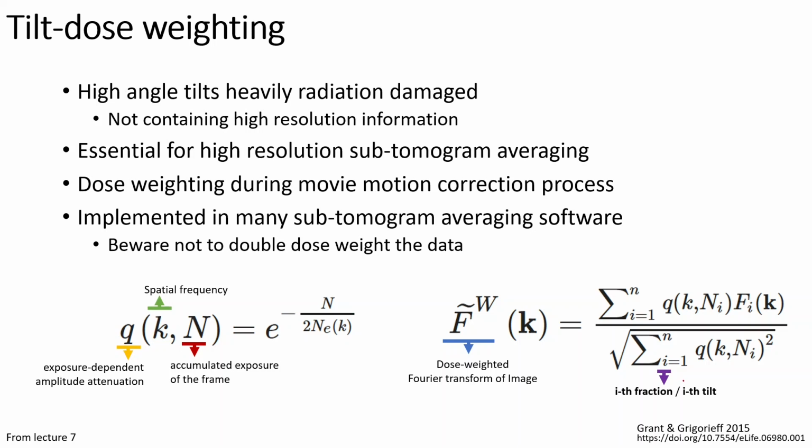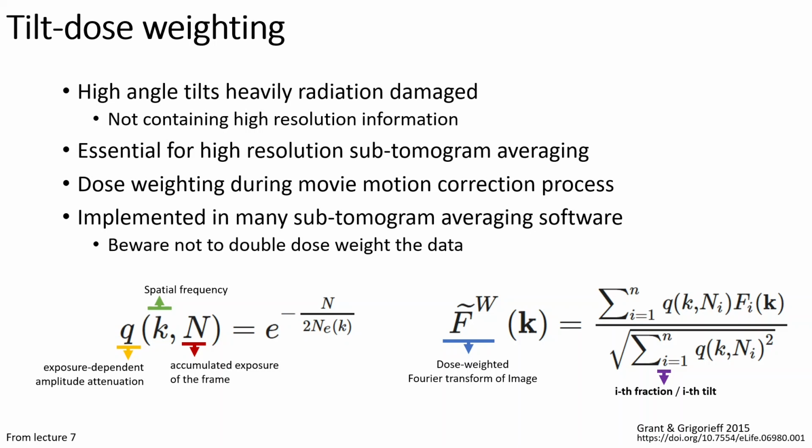So you can choose whether you dose weight every single fraction or just the sum of the fractions, because every tilt from the tilt series usually contains 4 fractions, and these fractions do not carry that much different information in terms of the amount of accumulated dose. Why is this important? Because if we did our dose weighting the way we do in SPA, starting the processing of our movies with dose weighting, we would get an already dose weighted tilt series.